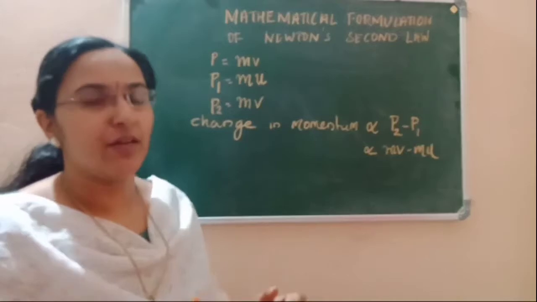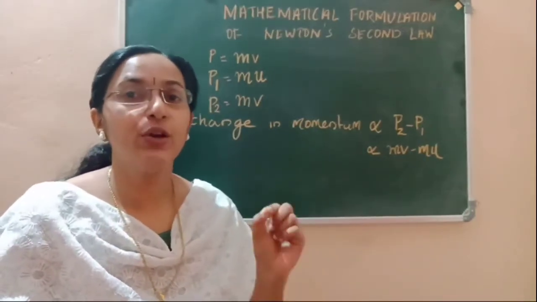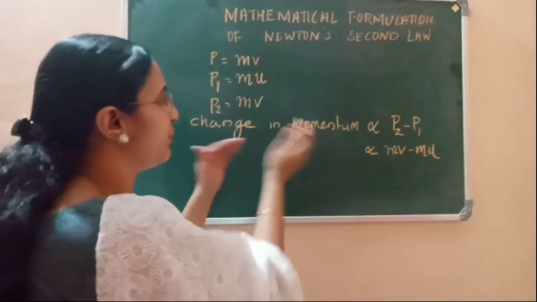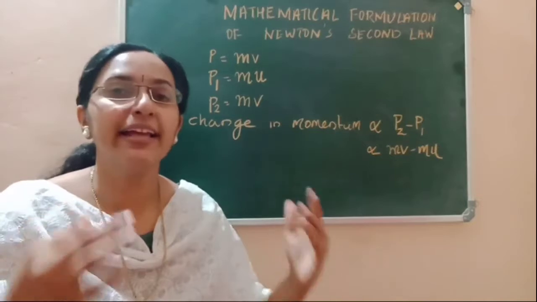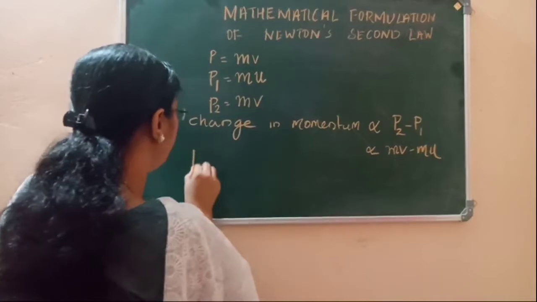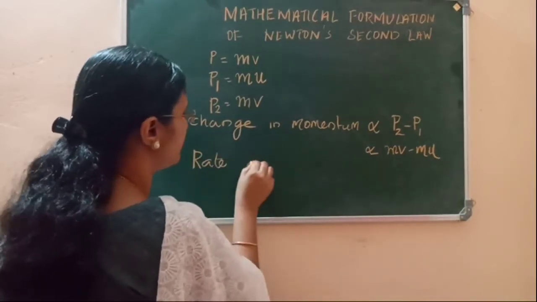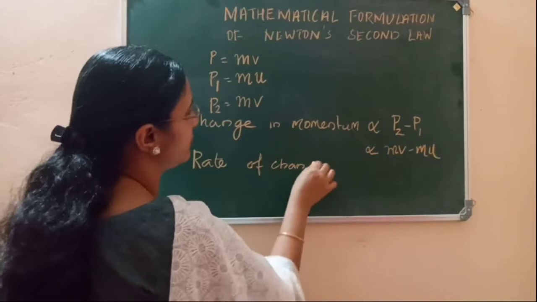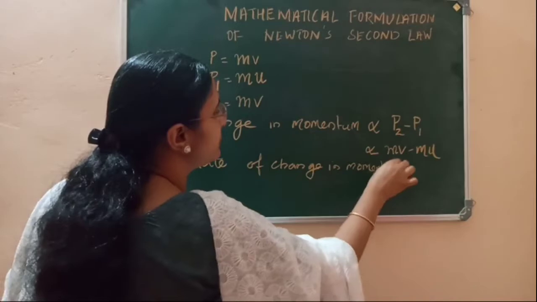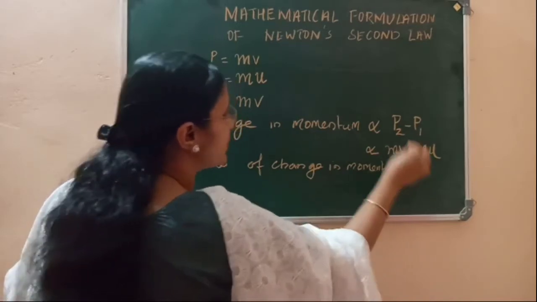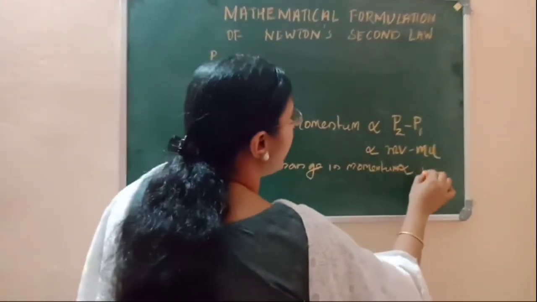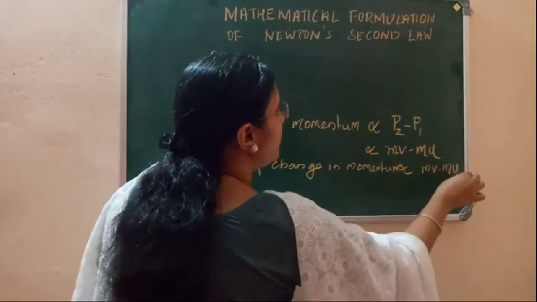The next step is, from Newton's second law, the rate of change of momentum. Here we started from momentum, then wrote change in momentum. The next one is the rate of change of momentum, which is proportional to mv minus mu by time.